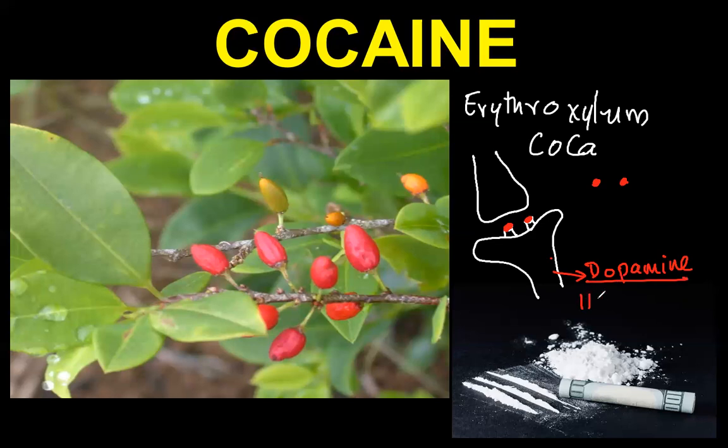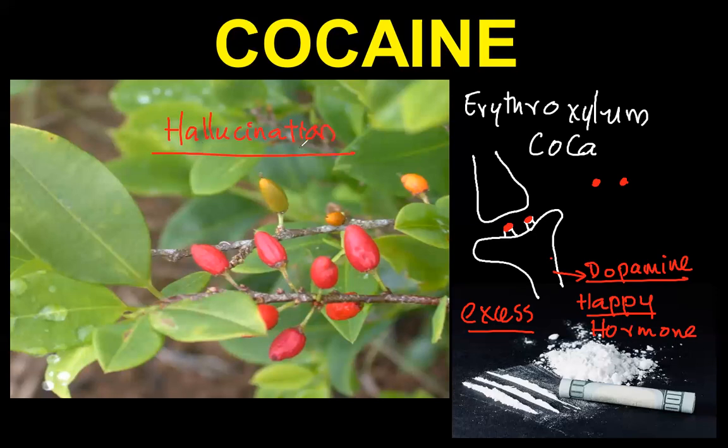Dopamine is known as a happy hormone, produced by the nervous system. Because of the drug, the brain produces an excess of dopamine. That means you feel very happy, you forget your problems, and you get hallucinations. You see unreal things happening right in front of you.